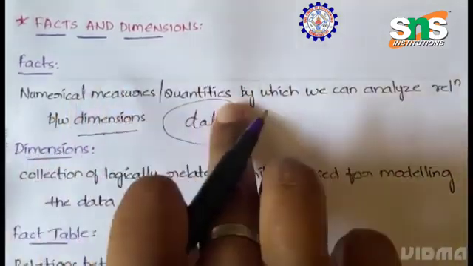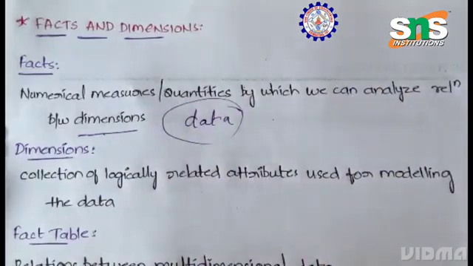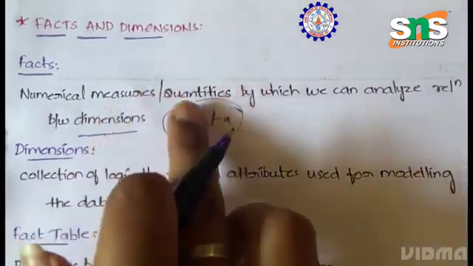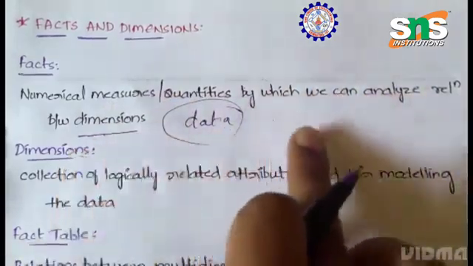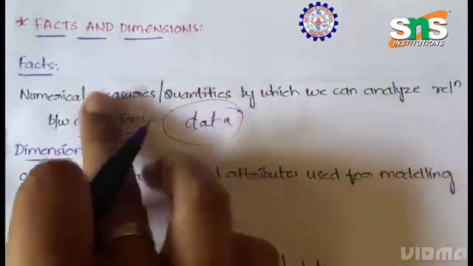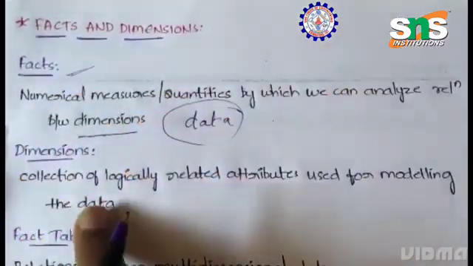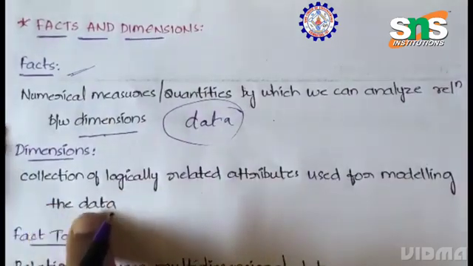We'll have different dimensions, like measures, dimension, attributes. The relationship between those dimensions can be analyzed with the help of the numerical measures, okay? And those numerical measures are nothing but the facts. Done. Next, dimension. What do you mean by dimensions?